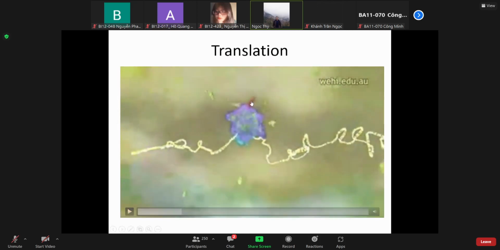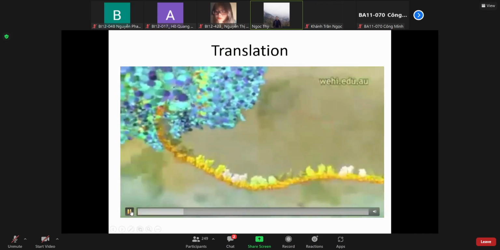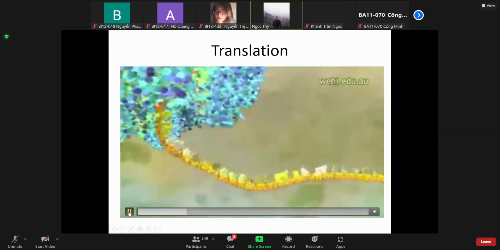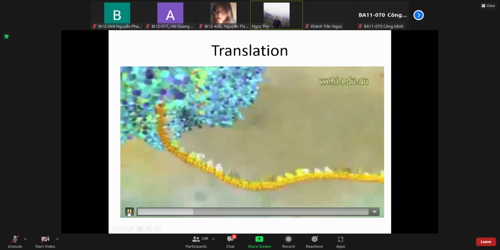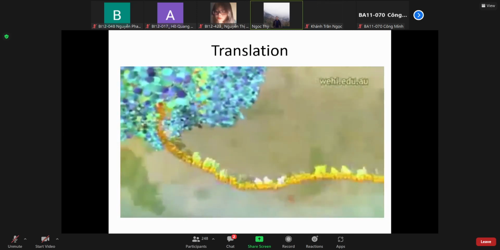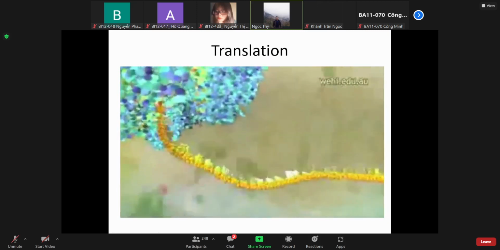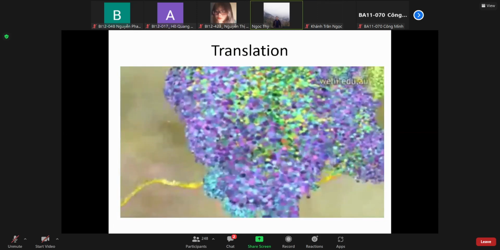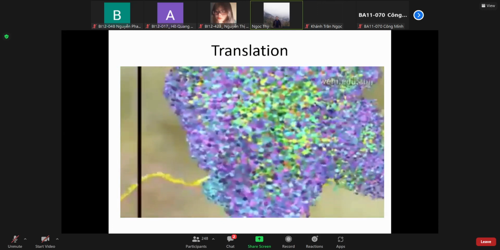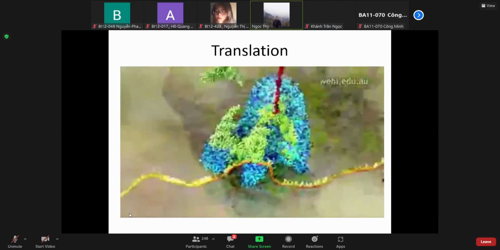And the product is a polypeptide, which is marked as the red string here.